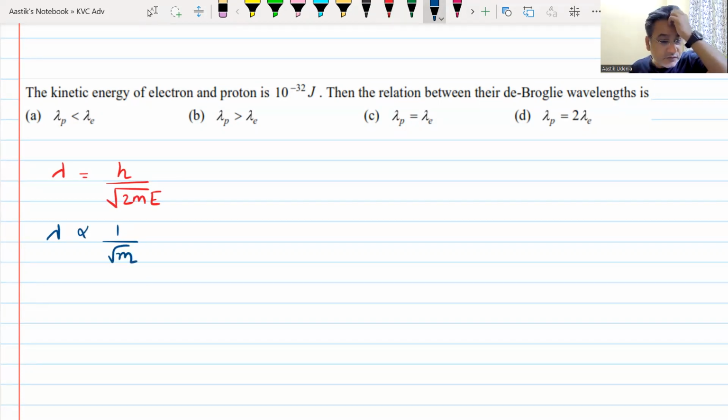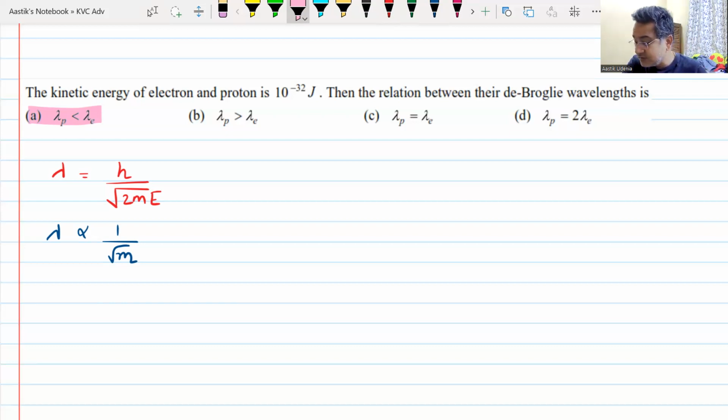The body which has more mass will have less lambda. Who has more mass? Obviously, the proton has more mass. Therefore, the wavelength of the proton will be less than the wavelength of the electron. We are talking about the de Broglie wavelength. Do we understand this? Yes, sir.